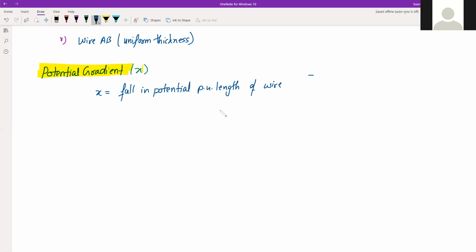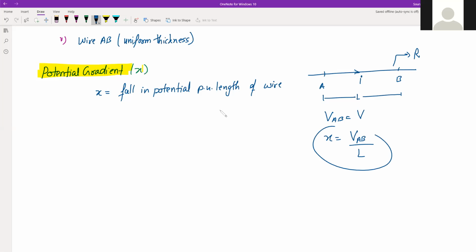So there is a wire. When current flows in this, say current I, and this wire has some resistance R. These are the 2 points, say A and B, whose length is say L, and V_AB is equal to say V. Then this potential gradient x will be equal to V_AB divided by length. This is the potential gradient, or the rate of change of potential per unit length.